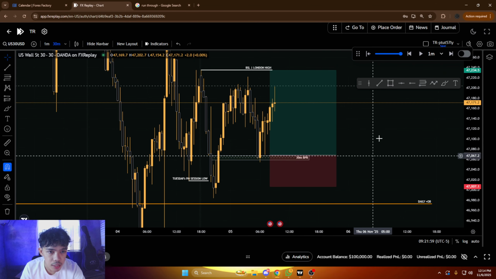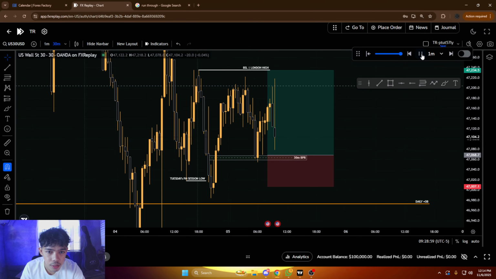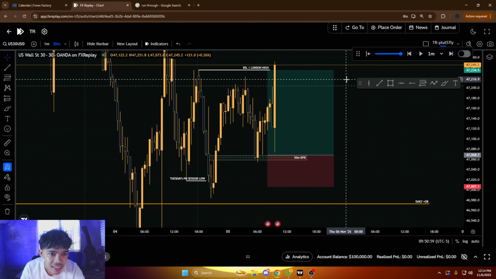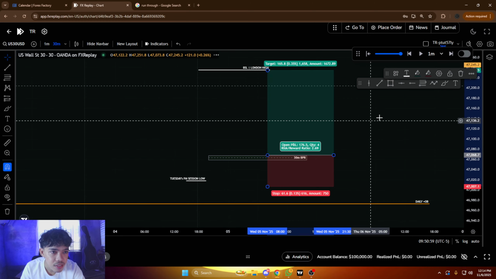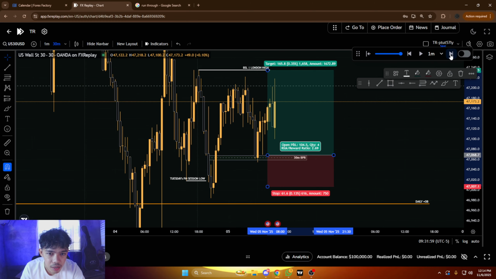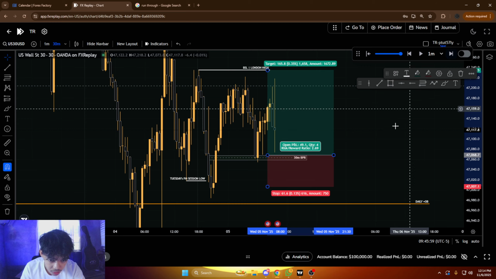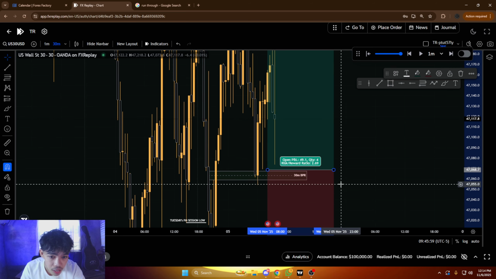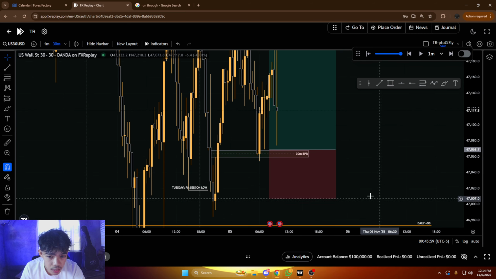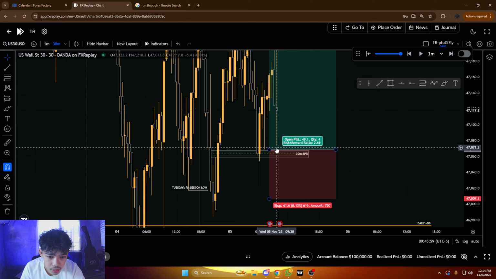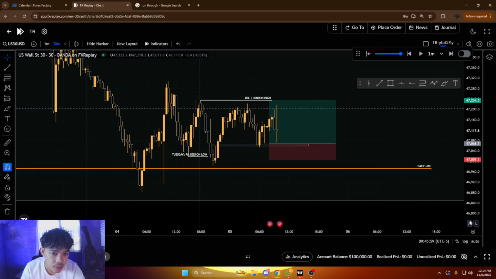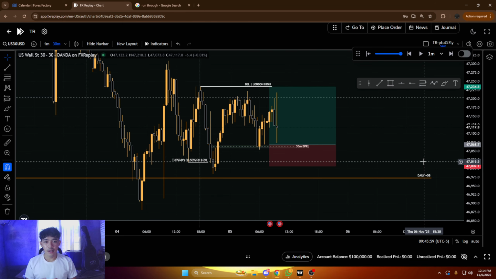So I placed a buy limit here, waited for my fill, but then right around this level, bro, like hindi ako na-fill. Grabe talaga, sobrang konti na lang. Hindi ako na-fill around this time, 9:30. Which, honestly, hindi ako upset sa nangyari.